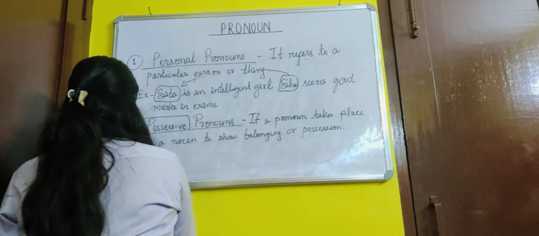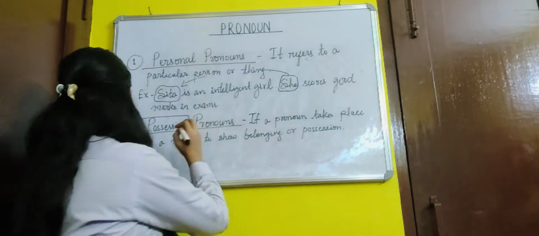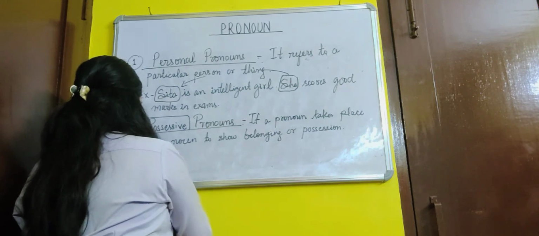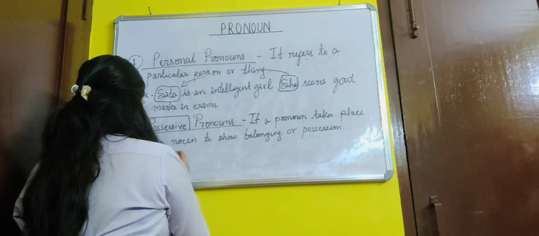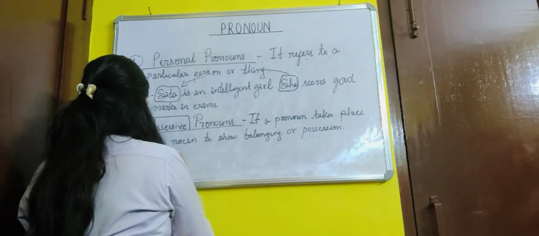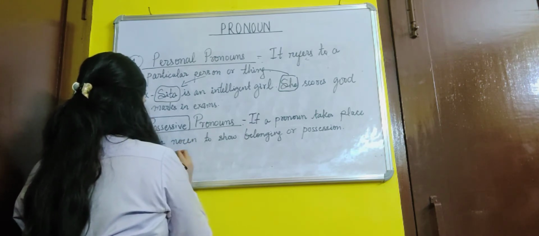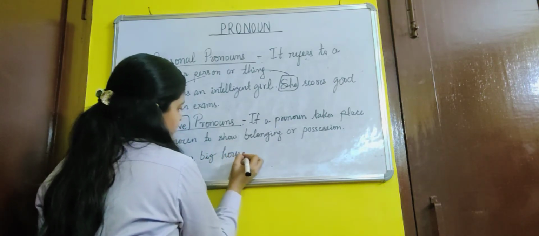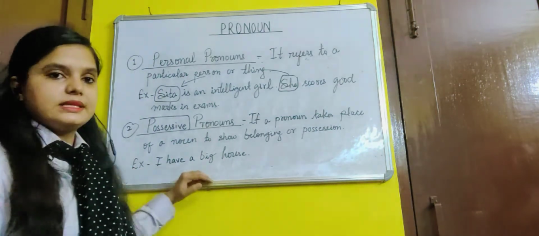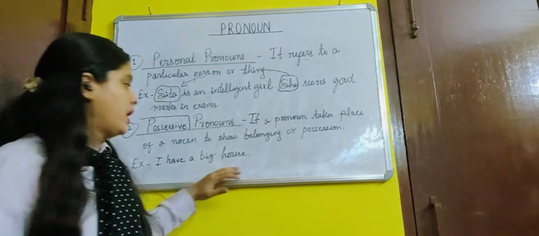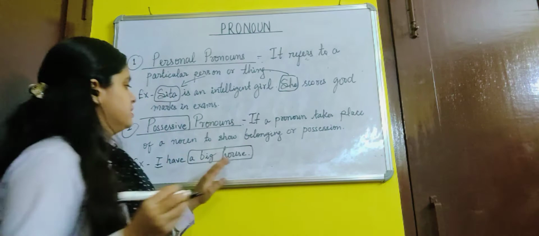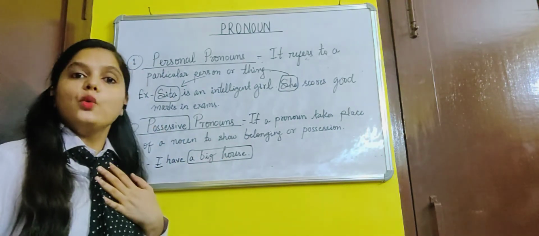So I can understand by example. Like, I have a big house. Okay, so this is a sentence that I have a big house. It means I am the owner of a big house. This big house belongs to me.